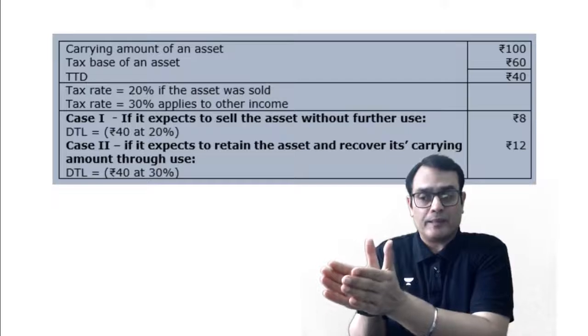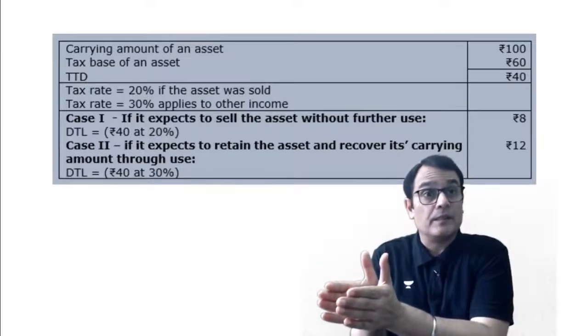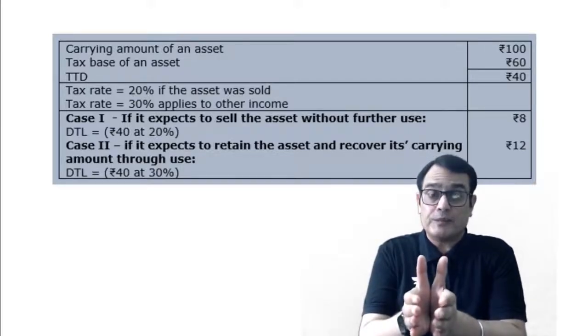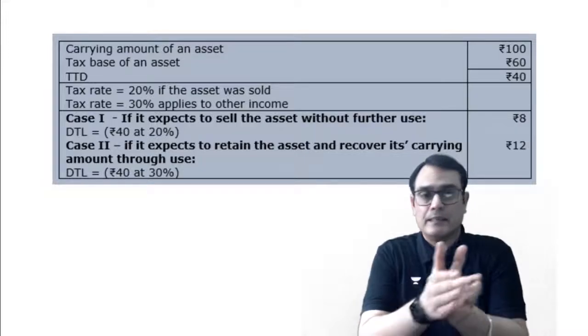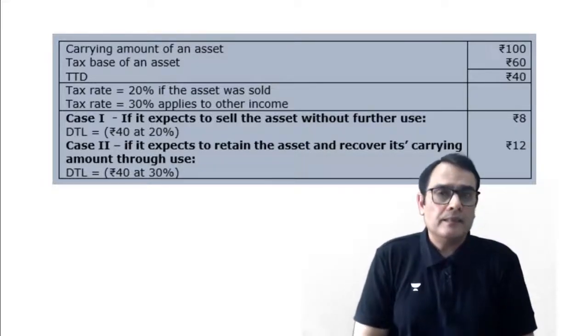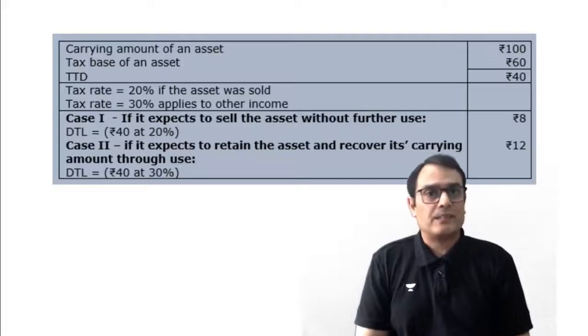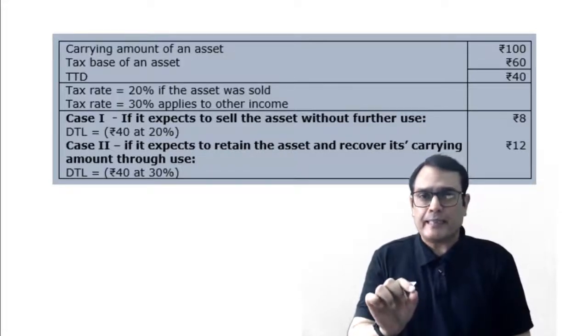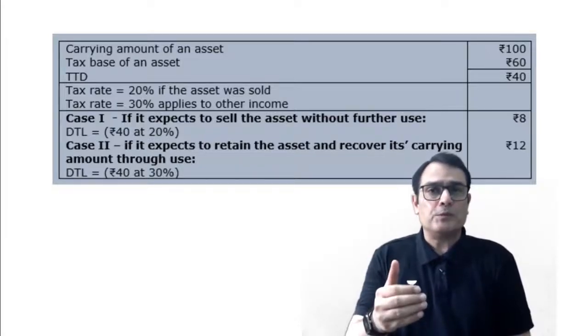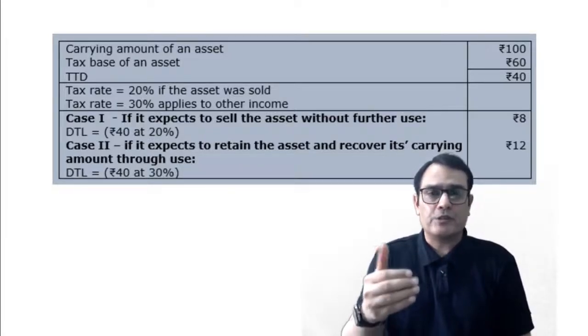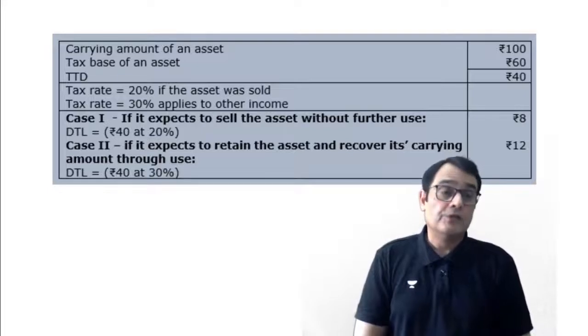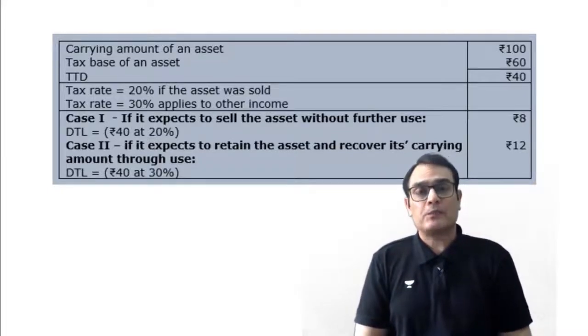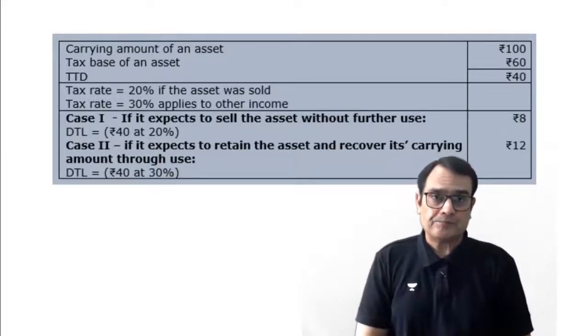So step number 1 is organizing the carrying amount, 100. Step number 2 is getting a tax base, that's 60. Step number 3 is getting the difference, that is taxable or deductible temporary difference. In this particular case, the carrying amount of the asset is more, which means it's a taxable temporary difference, which would result in a DTL. So in step number 3, we get a taxable temporary difference, that is 40.